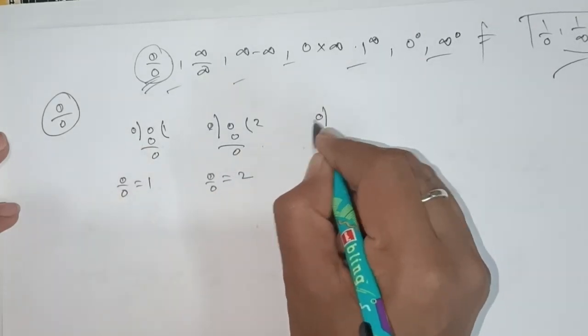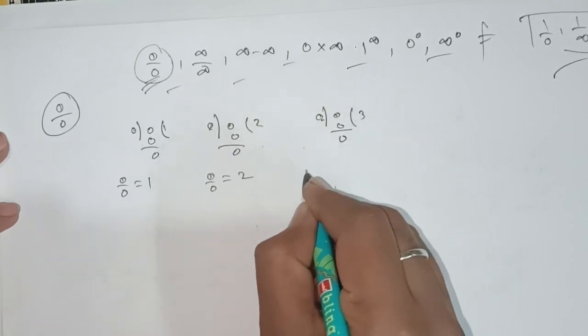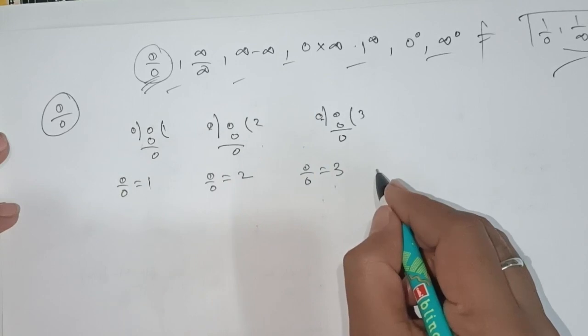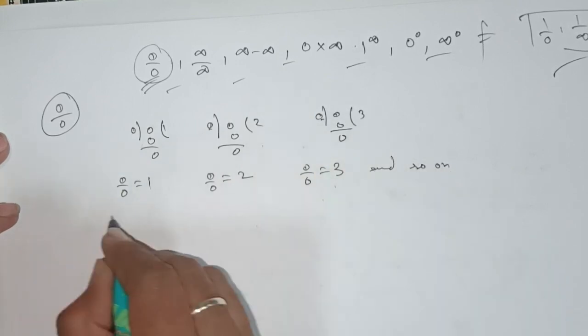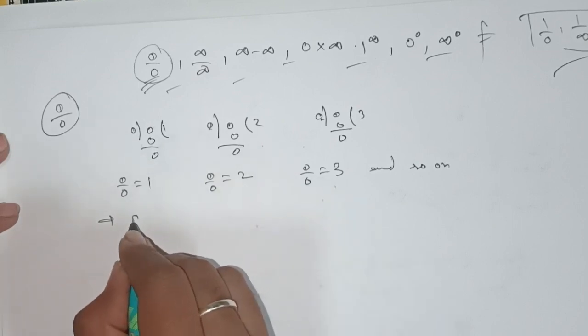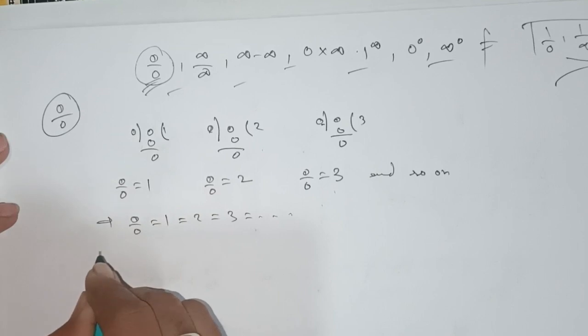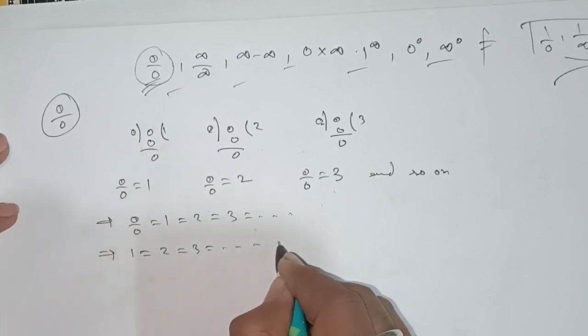And if I take one more, 0 into 3 equals 0, I can write 0 by 0 equals 3, and so on and so on. From this I can conclude 0 by 0 equals 1 equals 2 equals 3 and so on, which is totally a contradiction.